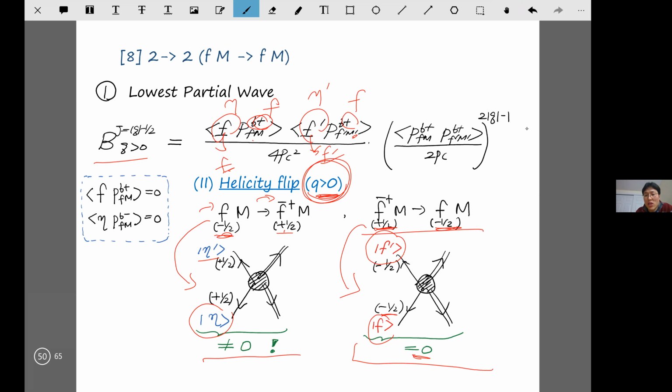In fact, you see that if you turn q equal to 0, the entire asymmetry vanishes, right? Nothing happens. And you might say, how can that happen? That happened because j is equal to q minus half, right? And then, of course, if I set q equal to 0, the total angular momentum cannot be negative, and therefore nothing should happen. And it is consistent with what I'm saying here.